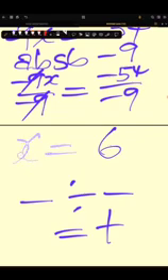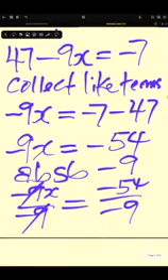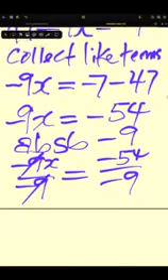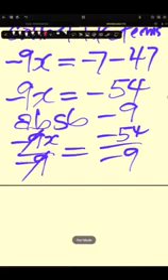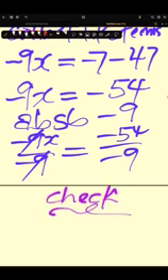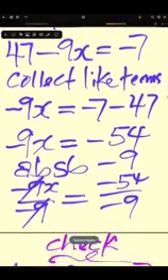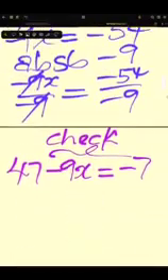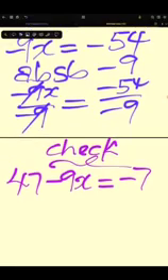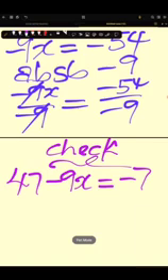We can still quickly carry out a check on this. The original question is 47 minus 9x is equal to minus 7, and x is equal to 6.